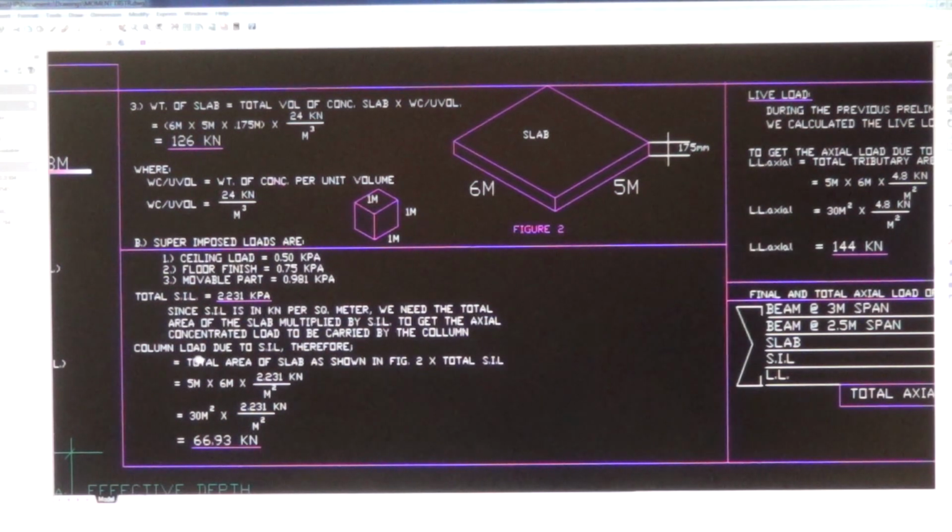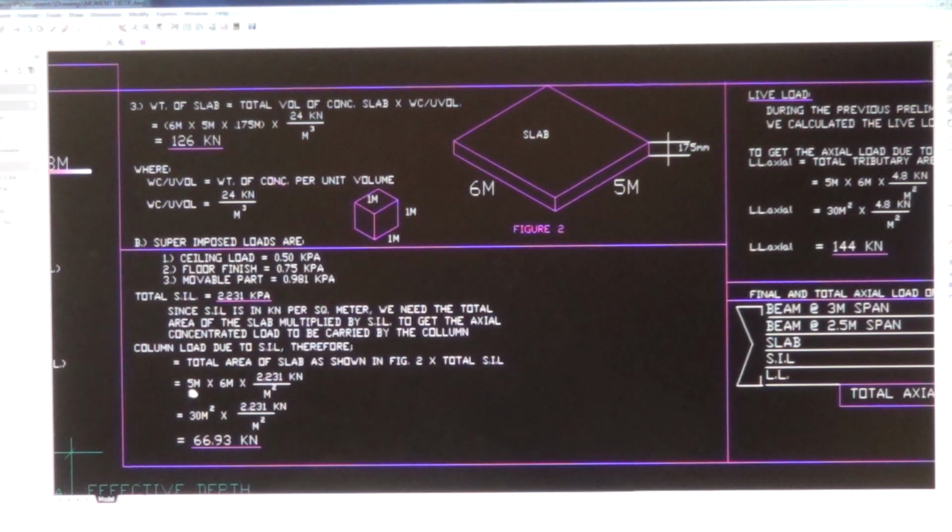So the column load due to SIL is equal to the total area of the slab, as shown in figure 2 right here, times the total SIL.